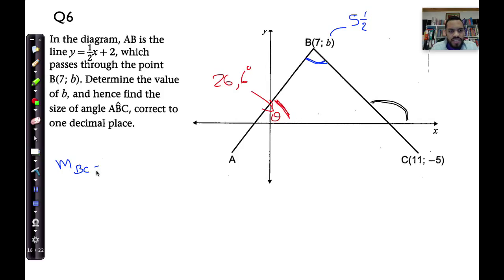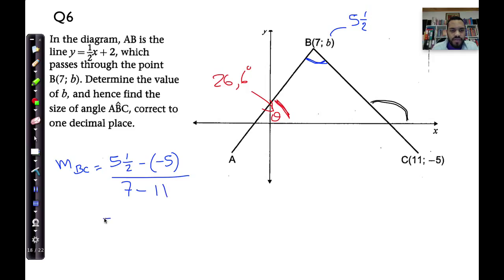MBC is going to be the y's minus the y's over the x's, so 5.5 minus 5 divided by 7 minus 11.